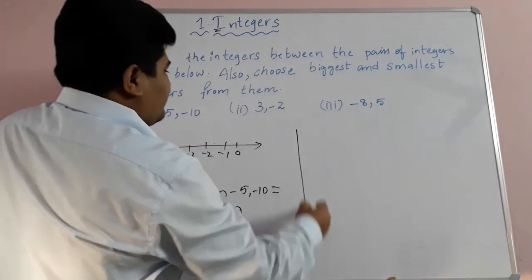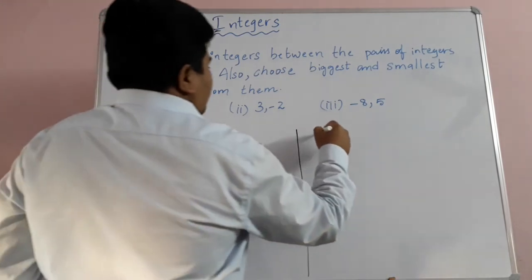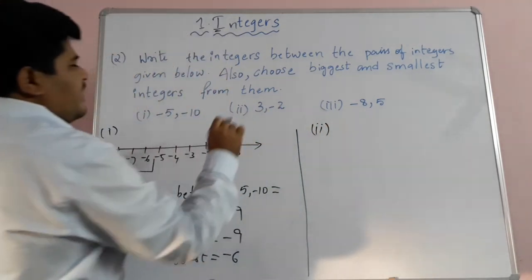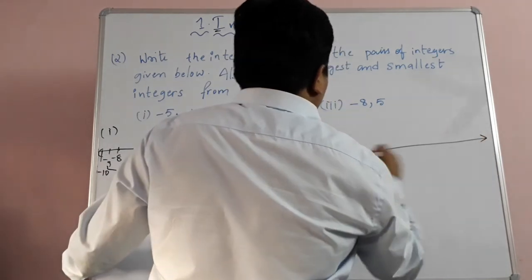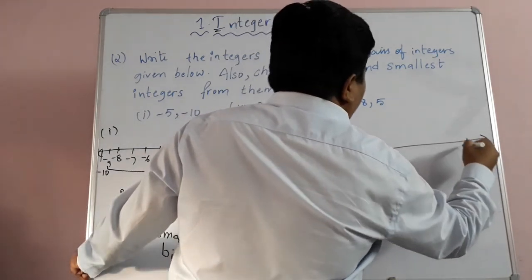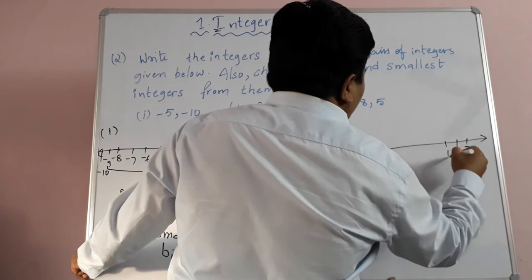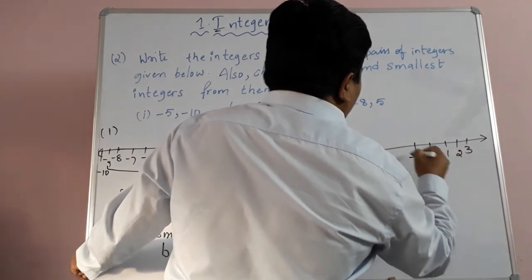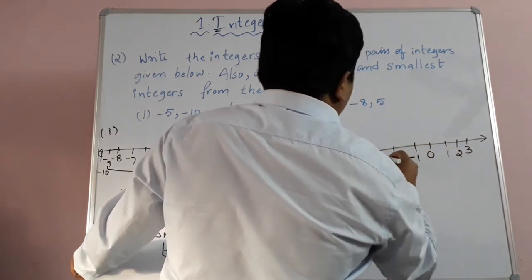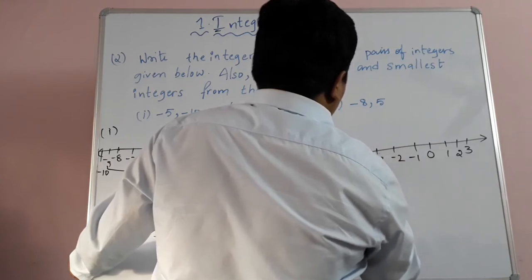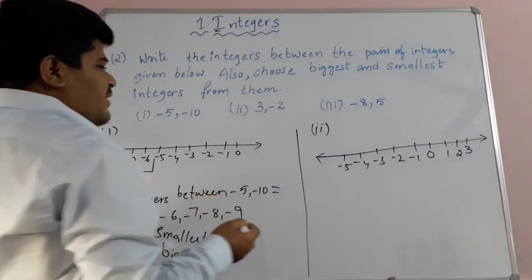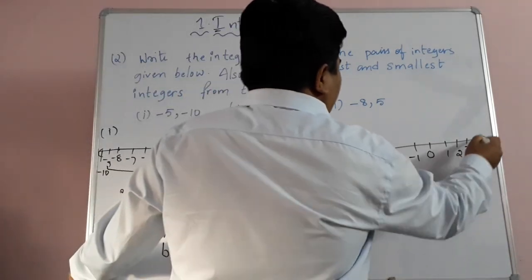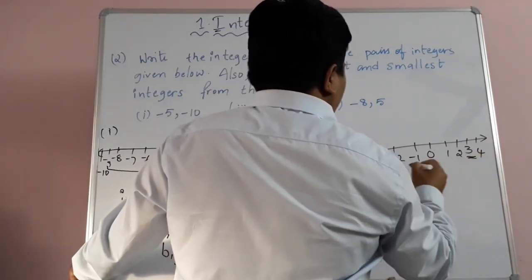Now let's see the second problem, children. Between negative 2 and 3. Suppose here it is 3, 2, 1, 0, -1, -2, -3, -4, -5. This is the number line, children. Between 3 and -2, here it is 3 and here it is -2.